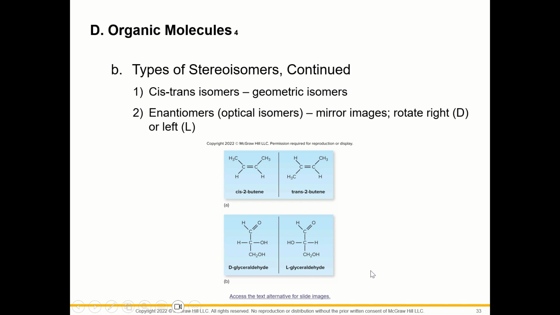And so it's kind of fun to see where the mirror image comes into play, and it's this hydroxyl group that you see between D and L. And you've heard of this before because you might have heard of L-arginine or D-mannose. And so now you know that it's talking about those enantiomers, which are the mirror images of the isomers.